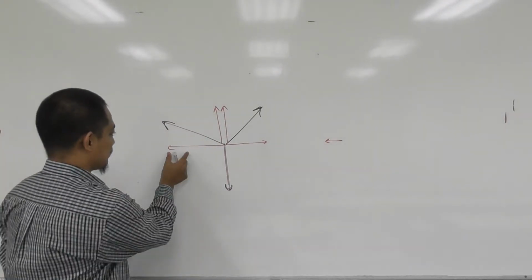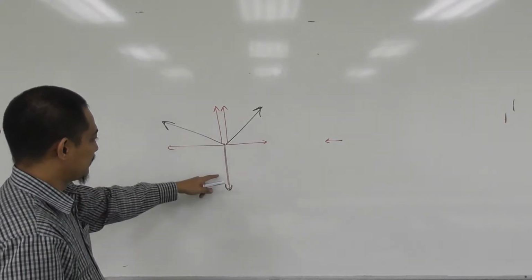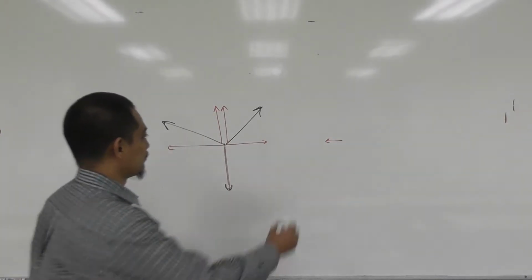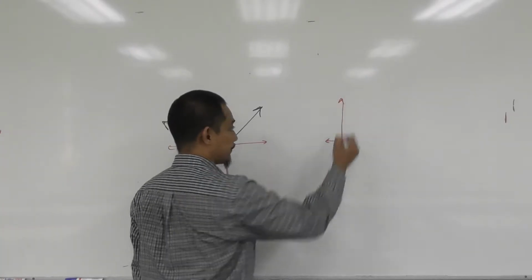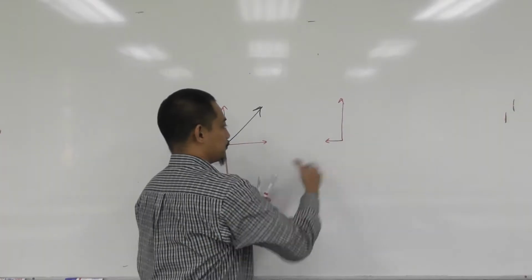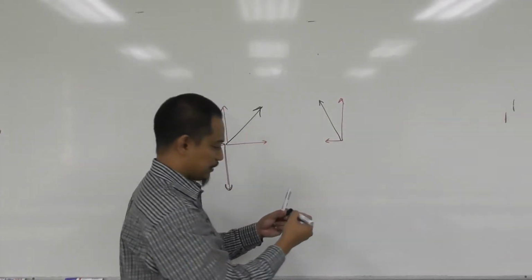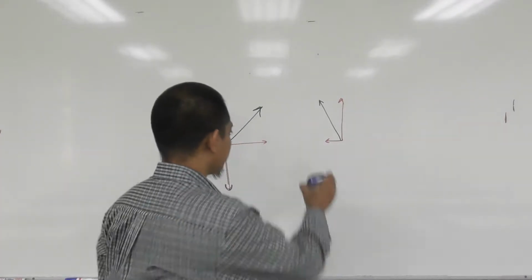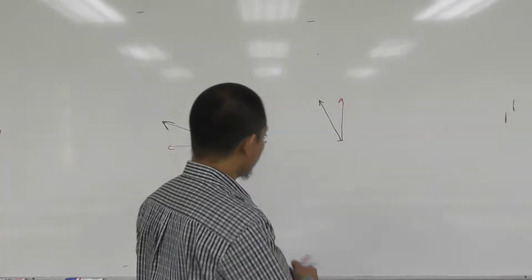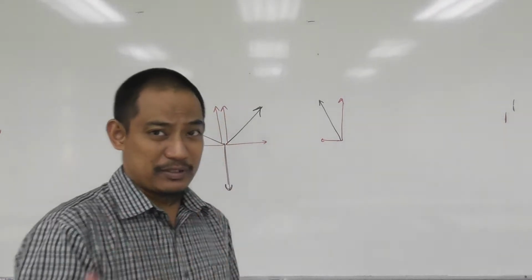And for the y component, this minus this plus this and minus this one, you might get something like this. Based on that, we can get again the resultant of these two, which is this one, right? Roughly. Something like that. So basically, the steps will be like that.